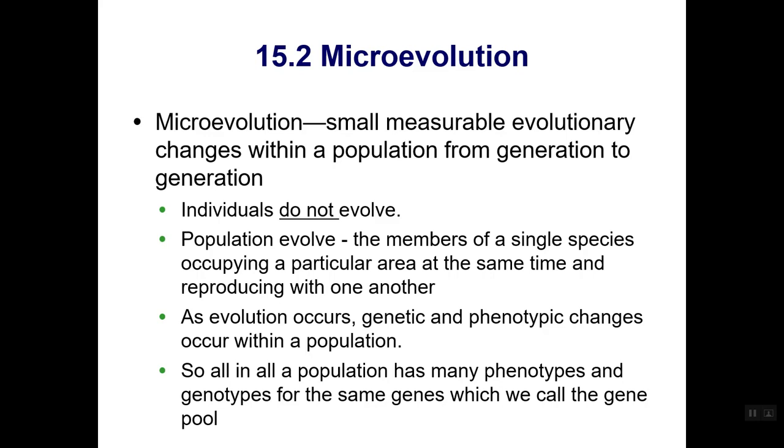As evolution occurs, genetic and phenotypic changes occur within the population. So all in all, a population has lots of phenotypes and genotypes for the same genes, and we call this the gene pool. Essentially, let's say there are 10 of us in this classroom, and we all have 2 genes for eye color.